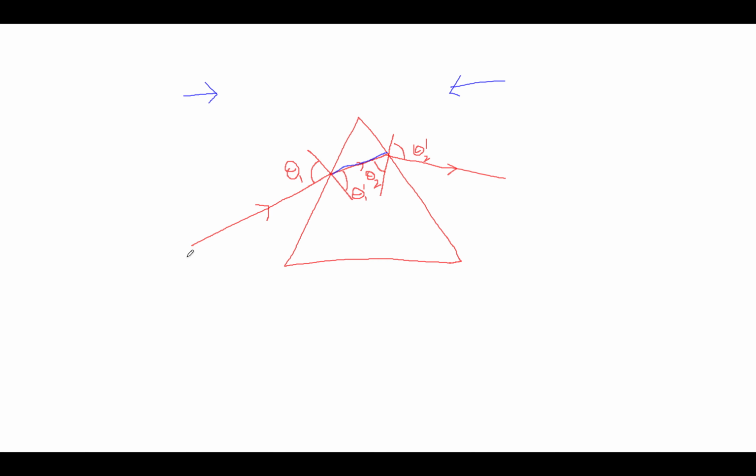So what we are going to do is extend these lines first. I'm going to simply extend this line, and then I'm going to extend the other line as well. These blue lines that I extended are the extended path of what the path would have been if there was no prism in place.